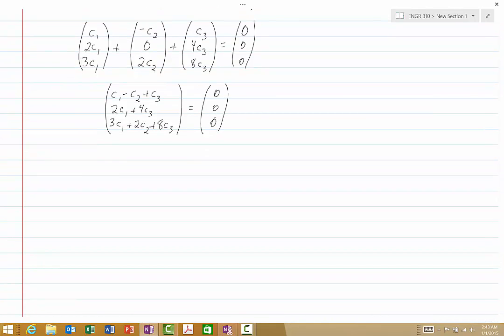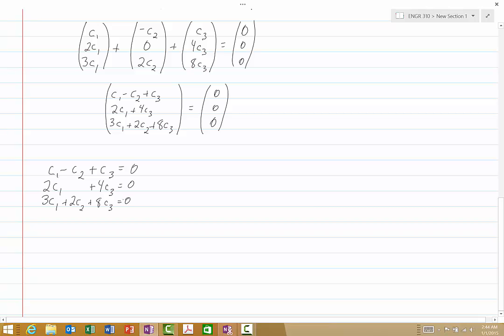So what we see here is that we're getting a system of three equations and three unknowns. We have C1 minus C2 plus C3 is equal to 0, 2C1 plus 4C3 is equal to 0, and 3C1 plus 2C2 plus 8C3 equals 0. These are three linear equations in the three unknowns C1, C2, and C3.